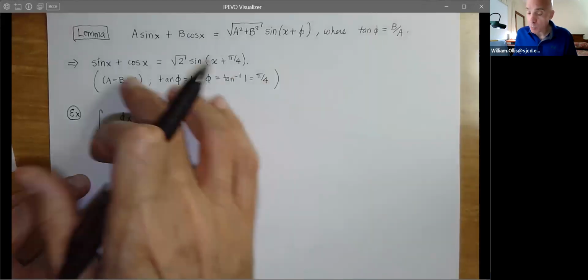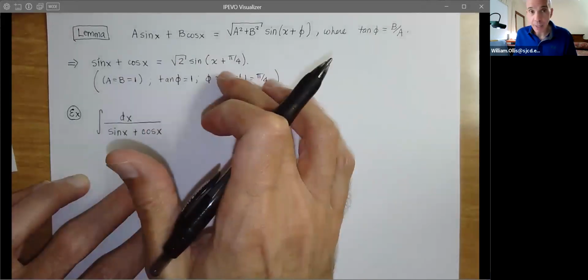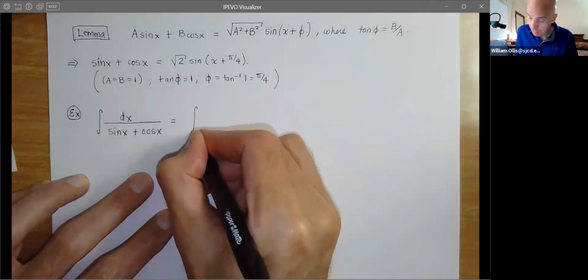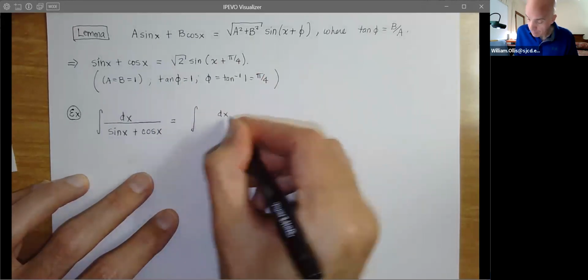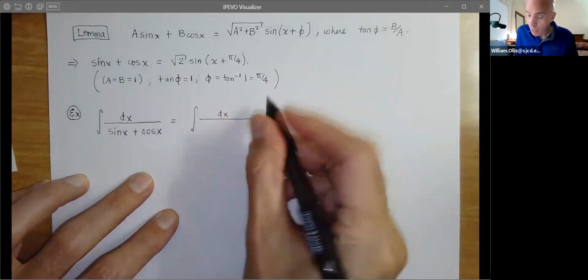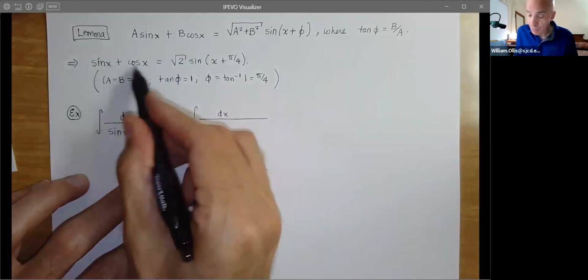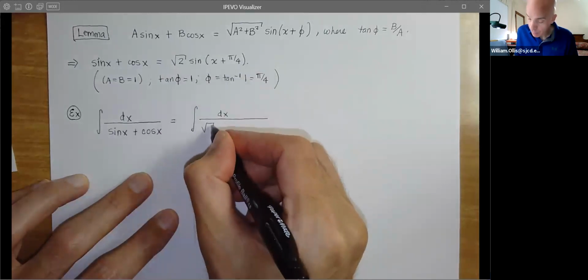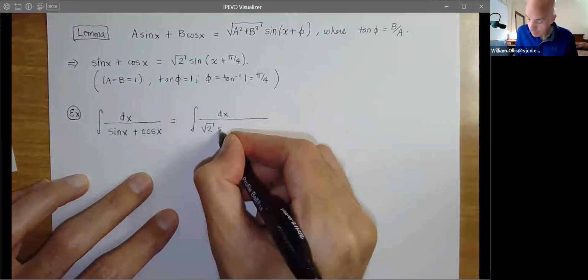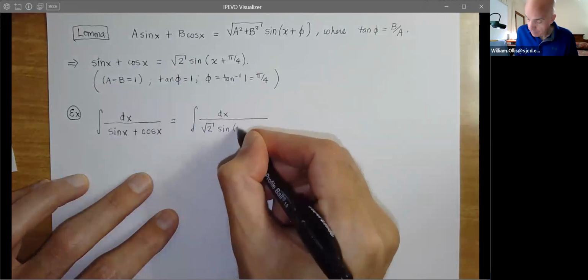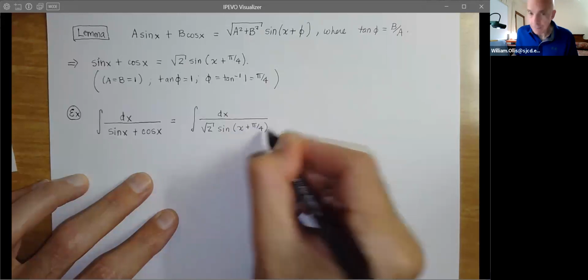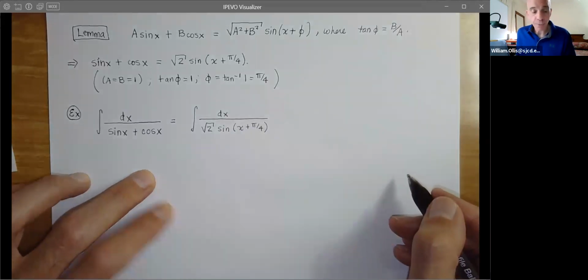But now, since we have this lemma here, we can simply make a substitution. So now we can replace sine plus cosine with this expression, which is a lot simpler.